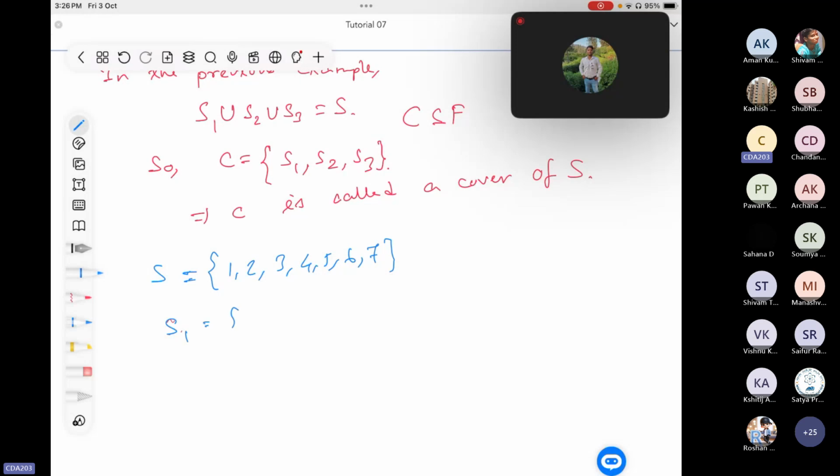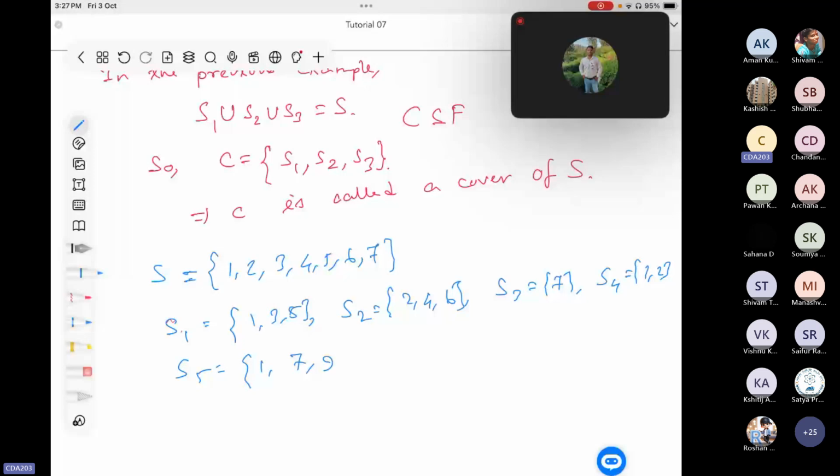Your S1 could be, S3 could be 7, S4 could be 1, 2, S5 could be 1, 7.